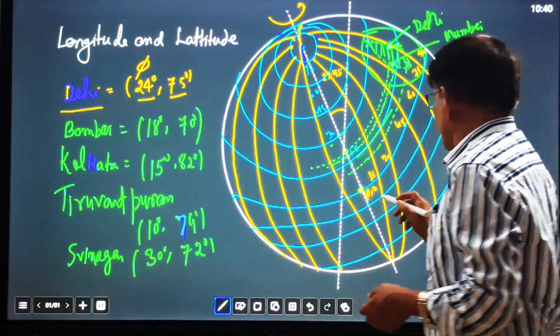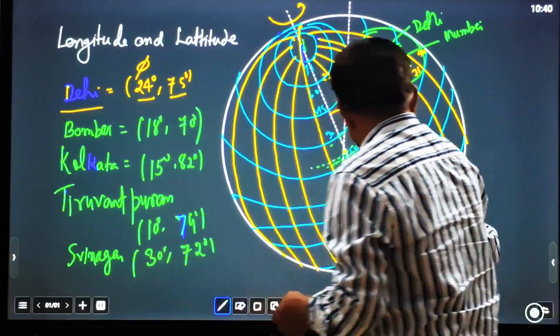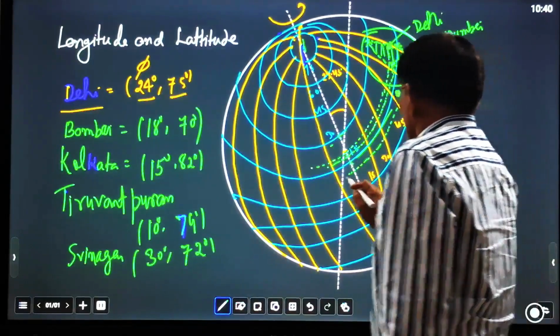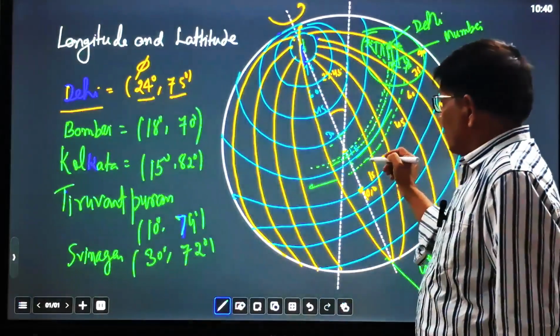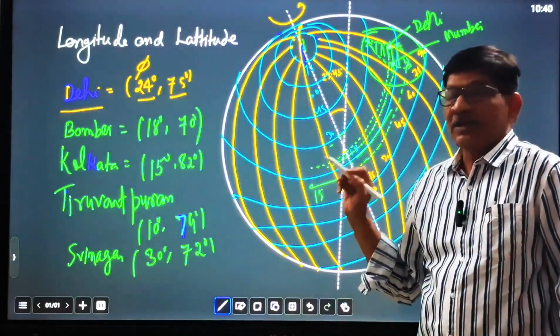If we move from this circle, the great circle is known as Greenwich Mean Time, GMT. If we move here, degrees will be negative, so time will reduce. If we move 15 degree here, 1 hour will reduce.